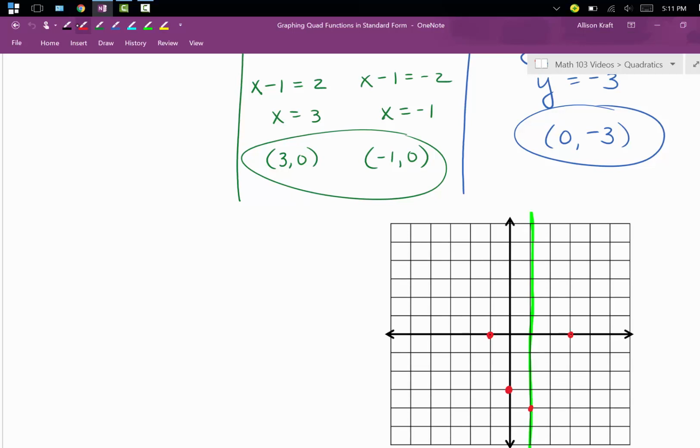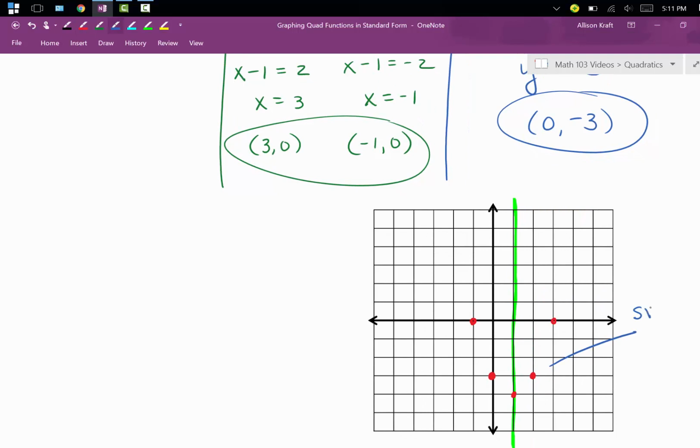Our y-intercept is 1 unit to the left of our axis of symmetry. Therefore, there has to be another point 1 unit to the right of our axis of symmetry. This will be our symmetry point, and it's the ordered pair (2, -3). Now we can draw in our parabola.